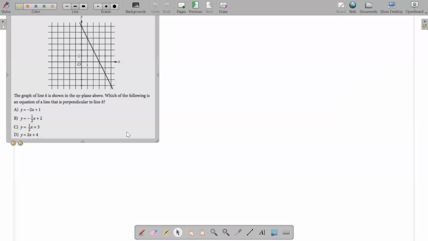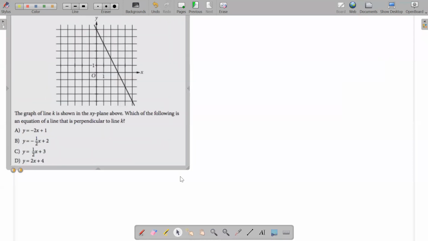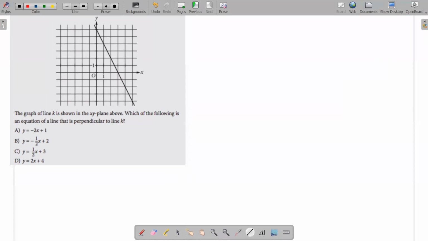In this question, they ask: the graph of line K is shown in the xy plane above. Which of the following is the equation of a line that is perpendicular to line K? To find the perpendicular line, we first need to find the slope of this line. We say that the slope is displacement on y over displacement on x. We usually find it by starting from the y-intercept and following the pattern.